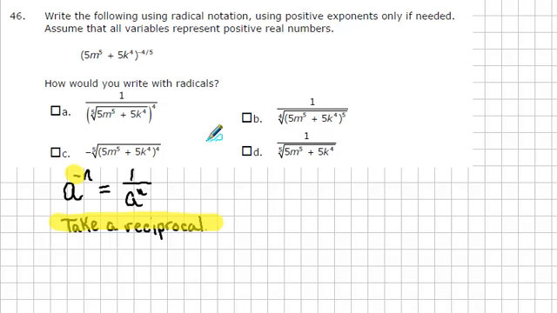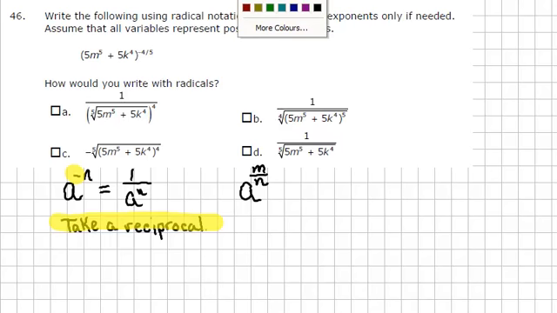And next, let's recall the meaning of a rational exponent. If we have a base raised to the m divided by n power, then the denominator of the rational exponent means that we need to take the nth root.